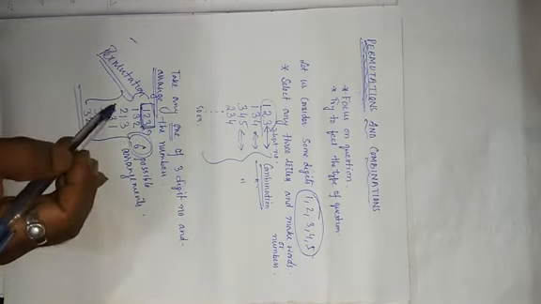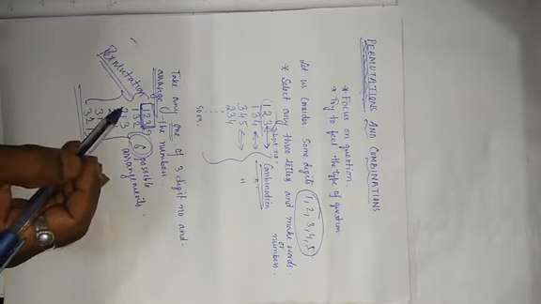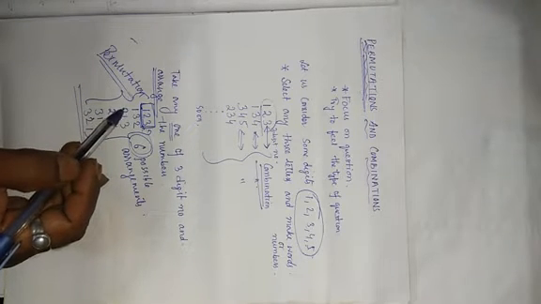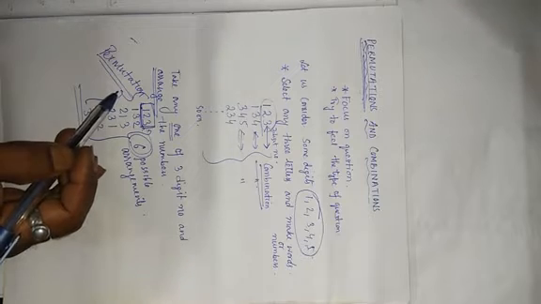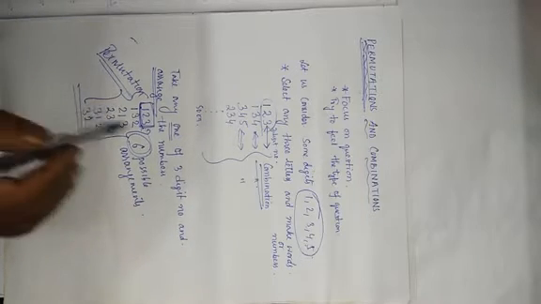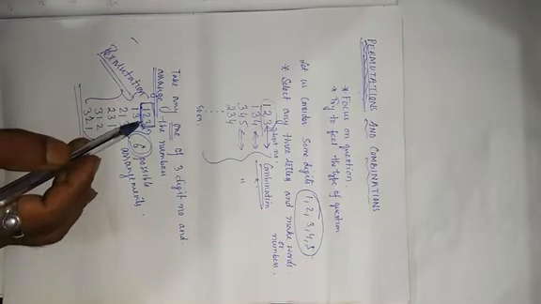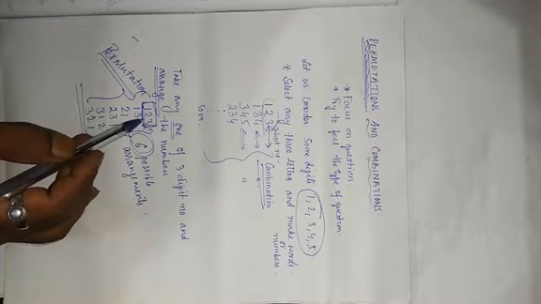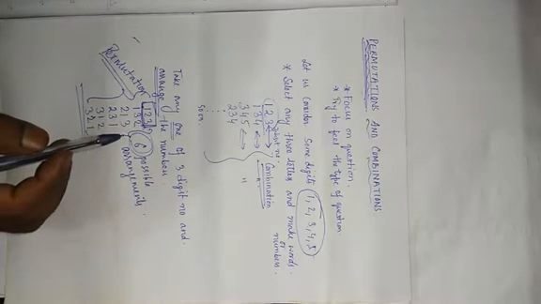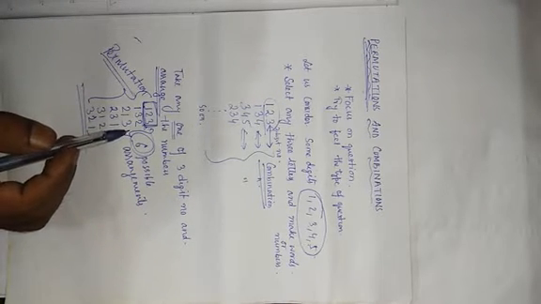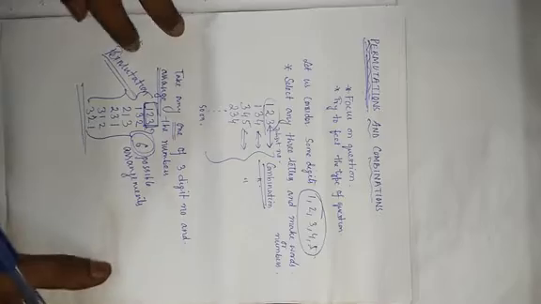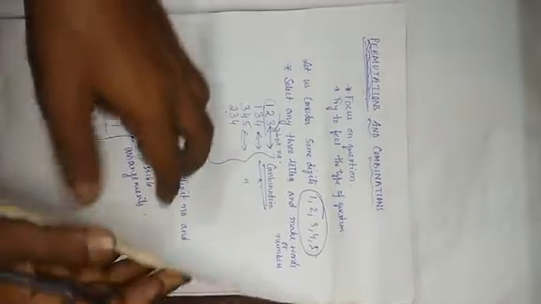This is called your permutation. Okay, student. So to better understand this permutation process, you should first of all know a very important topic that is called fundamental principle of counting.